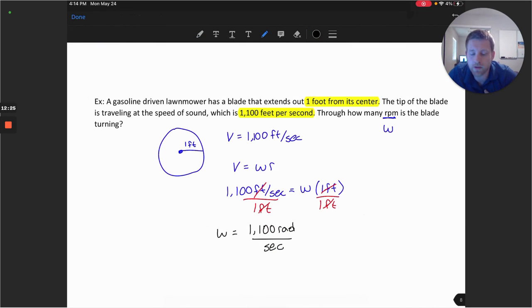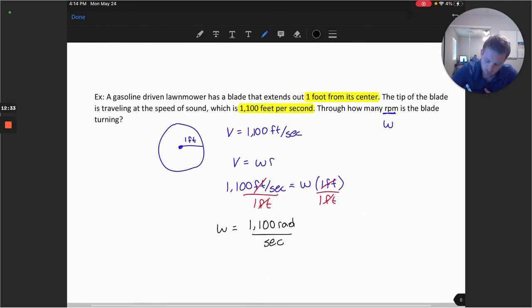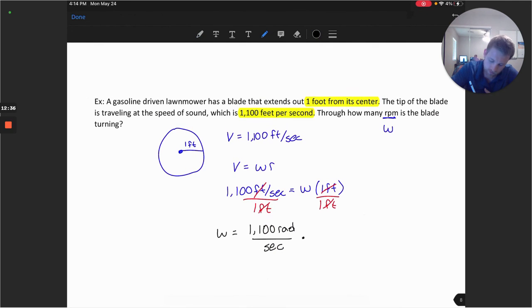But we don't want this in radians per second. We'd like this in RPMs, or revolutions per minute. One way we can get back to revolutions is saying 1 revolution is equal to 2 pi radians. And so we'll take these calculations and divide there.